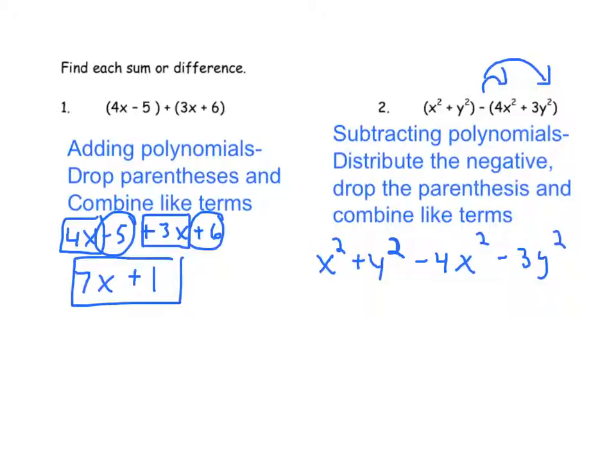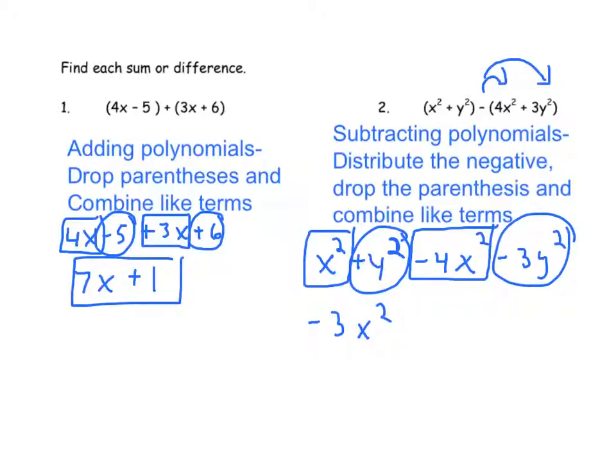Remember, like terms have the same variable and the same exponent to that variable. 1x squared plus -4x squared makes -3x squared. And then 1y squared minus 3y squared makes -2y squared. And that's really all you can do at this point. That would be the answer to the problem.